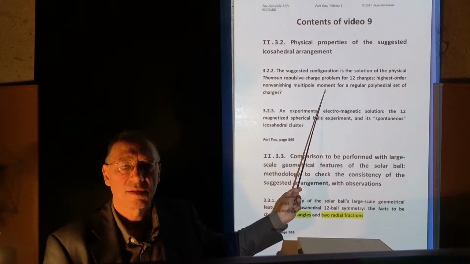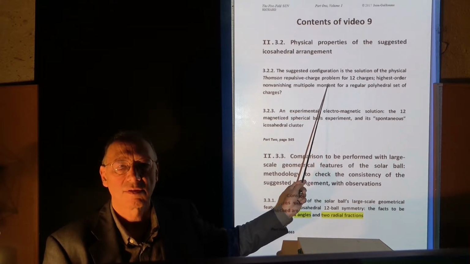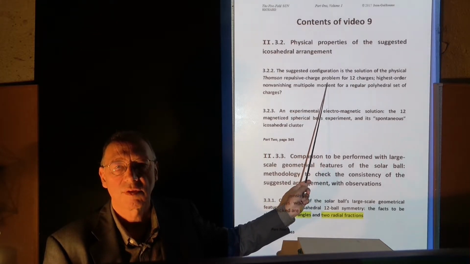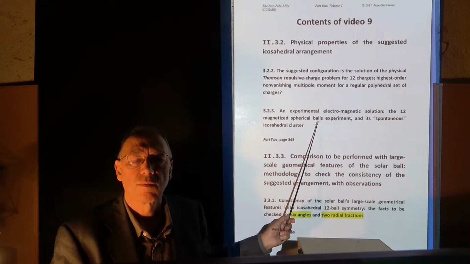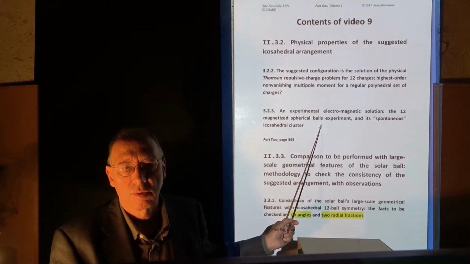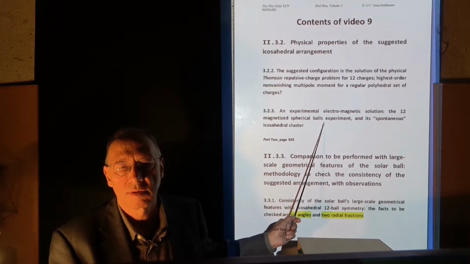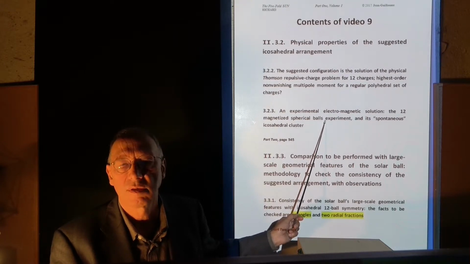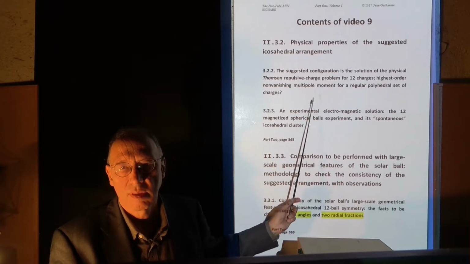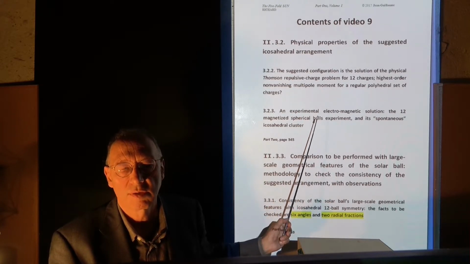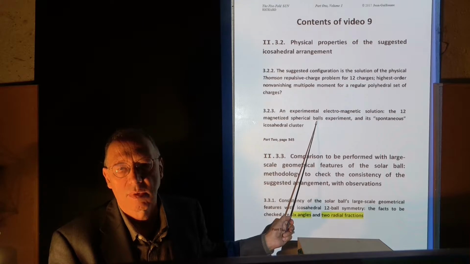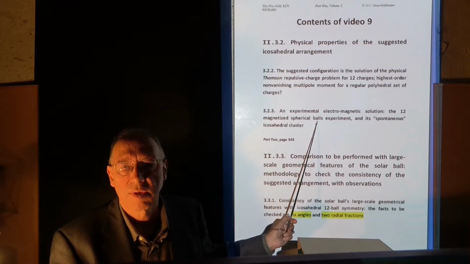It is the equivalent of the solution of the Thomson charge problem for 12 charges at the surface of a sphere. Then we will show an experiment which represents somewhat of an intermediary between the physical problem and the purely geometrical problem as solved in video 8.